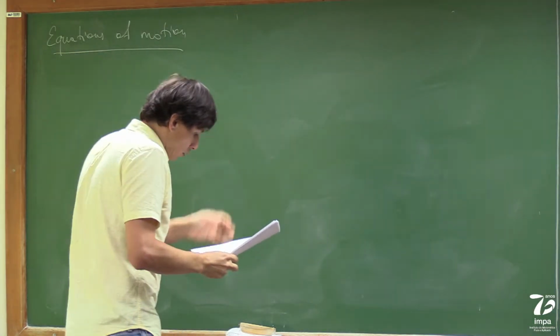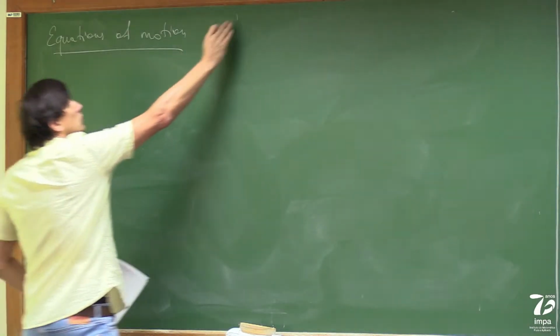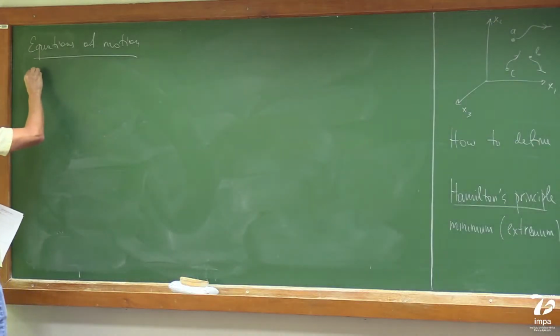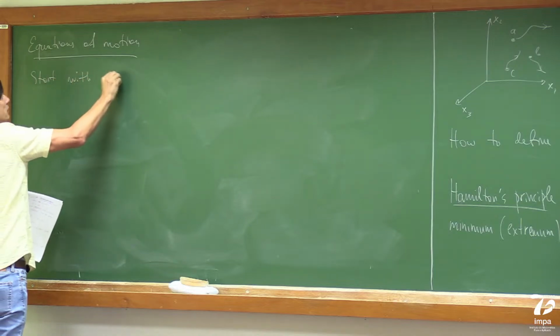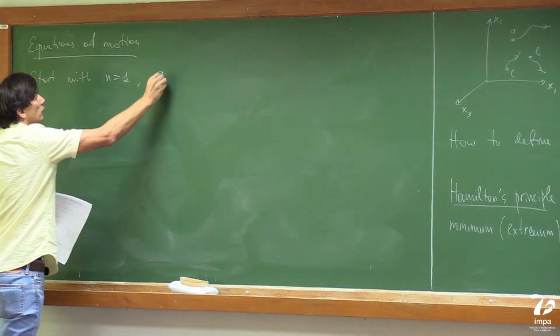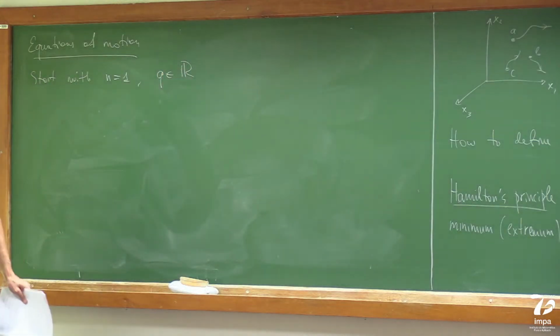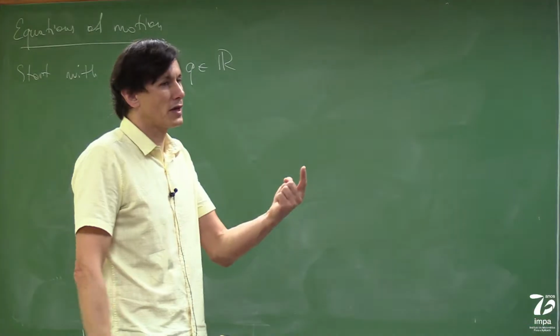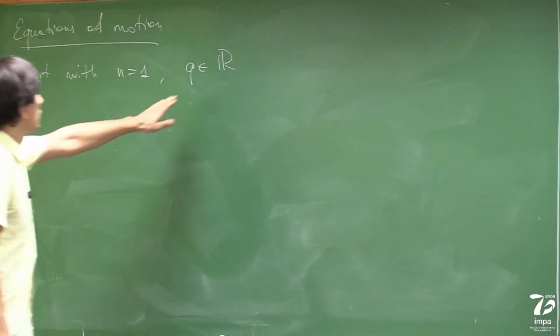Okay, so let's start with just n equal 1. So our vector q is just a number. So it's like think that you have one particle on a line, right? So it's just q is one number.